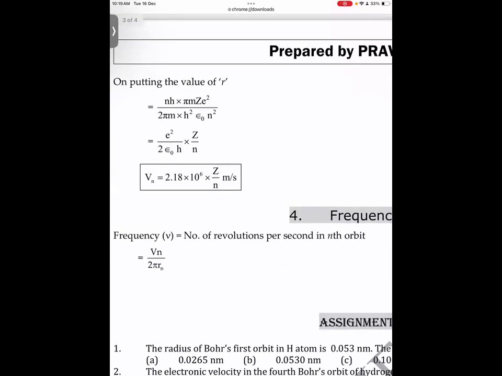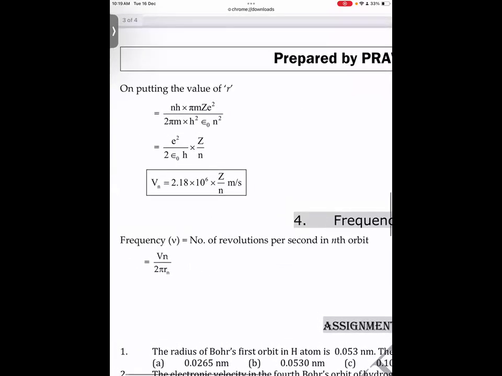So this is the formula for the speed of the electron: 2.188 into 10 to the power 6 z upon n meter per second.